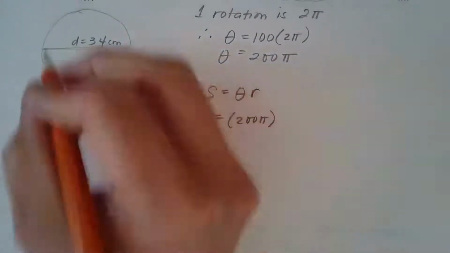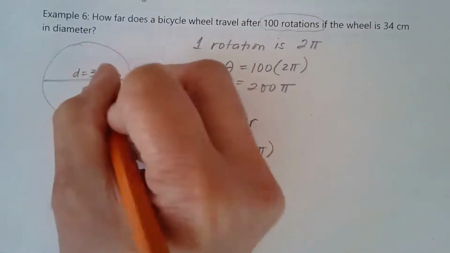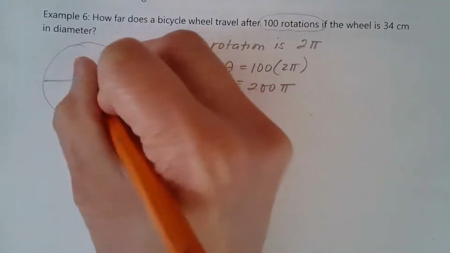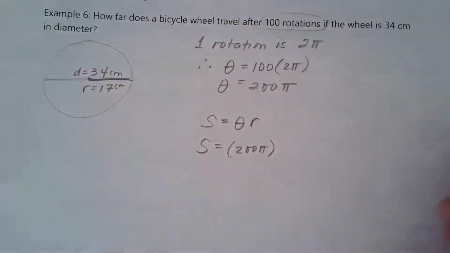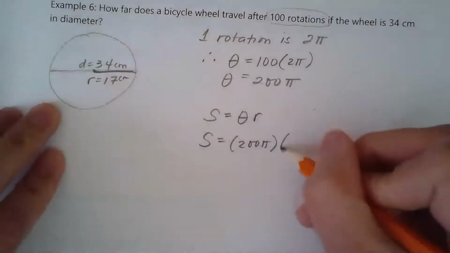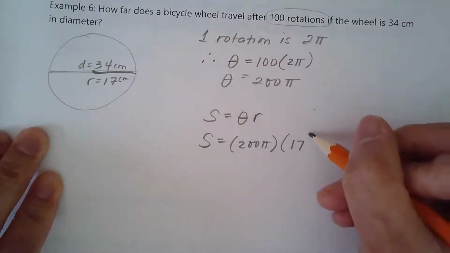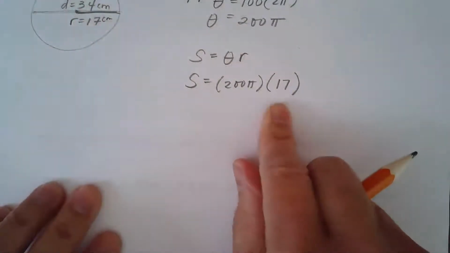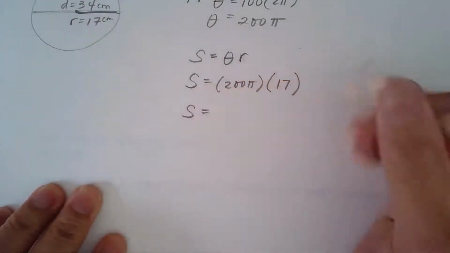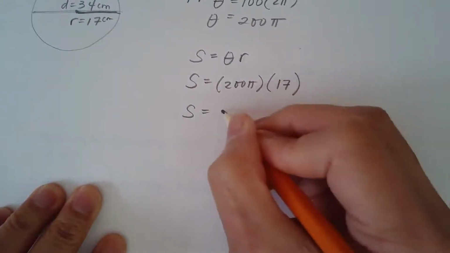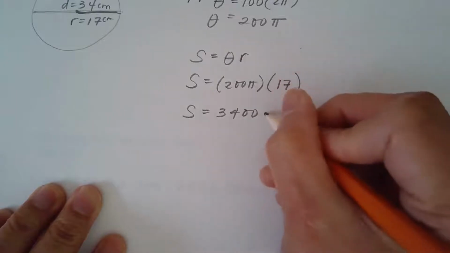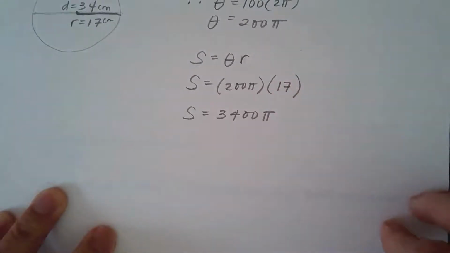So the radius, just write it down here, is going to be 17. The radius is from the center to the end. And we just have to multiply them together, and that's going to give us S is equal to 3,400 times pi.